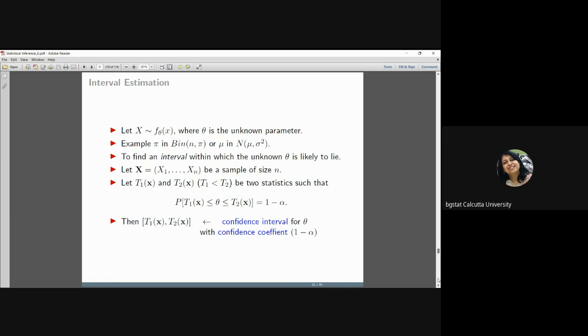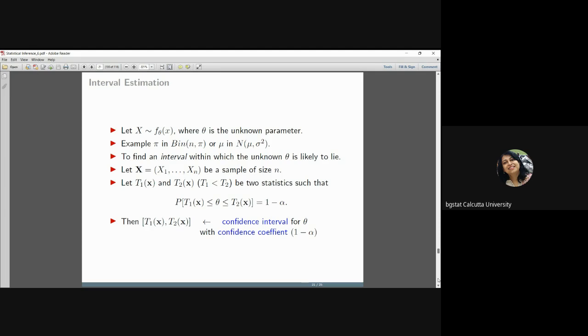And there is some parameter which defines this probability distribution. So for the normal distribution, it can be the mean or the variance or both the mean and variance. For the Bernoulli distribution, it can be the success probability. So we have some unknown parameter theta, and we want to estimate this unknown parameter from the data. When we were doing estimation, we looked at several alternative ways to find a good estimate.